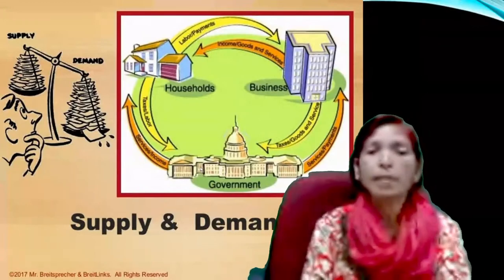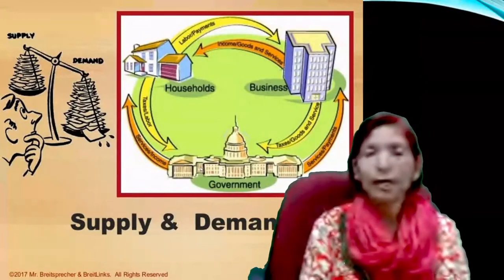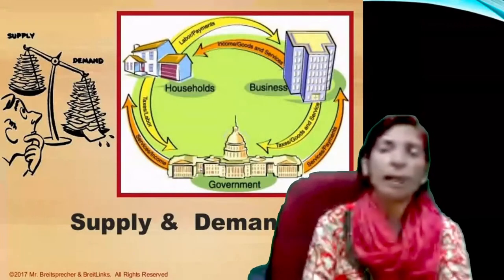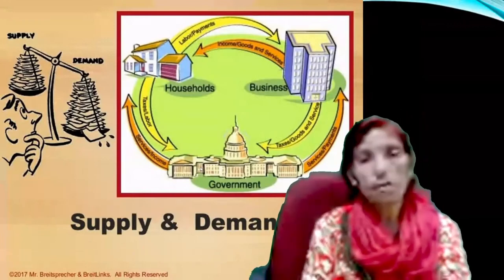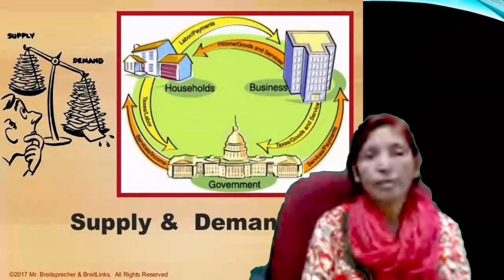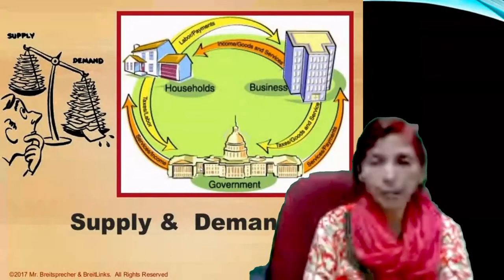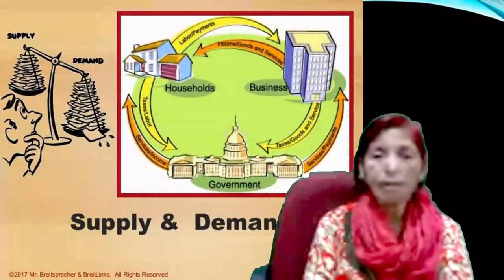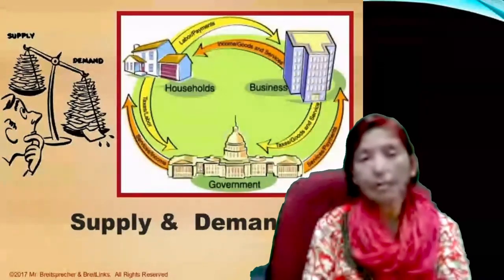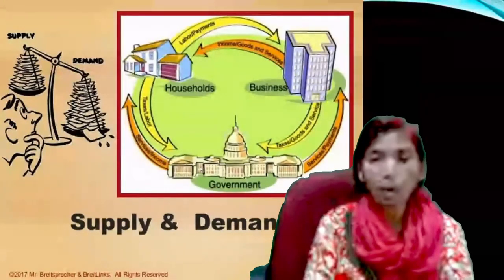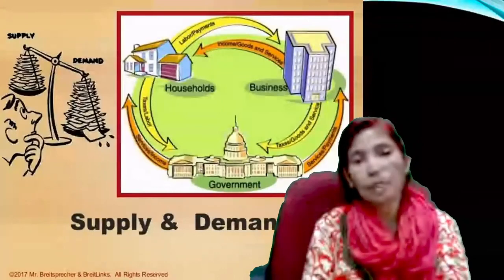And you know that four sectors exist in an economy at present. One is the household sector, in which we all lie. We are all concerned with the household sector because we are the owners of all factors of production.